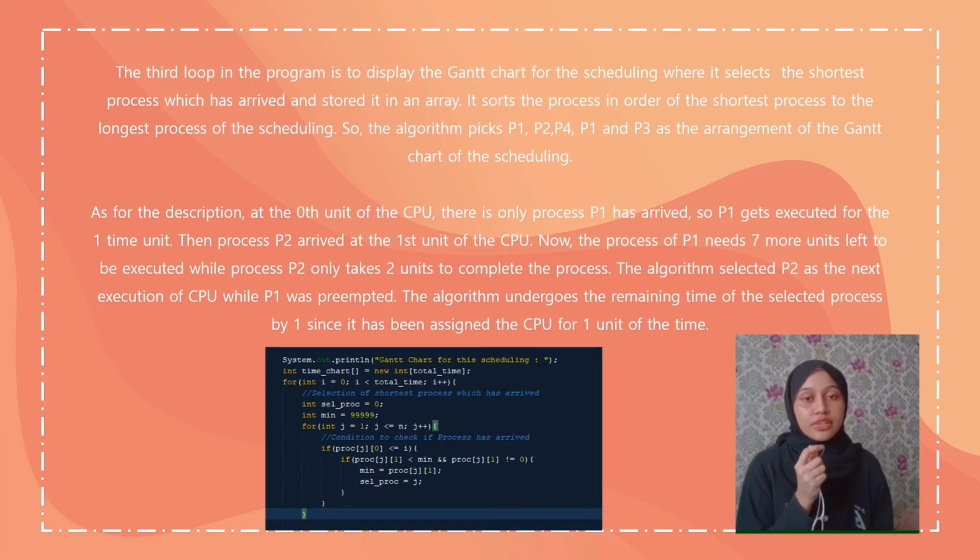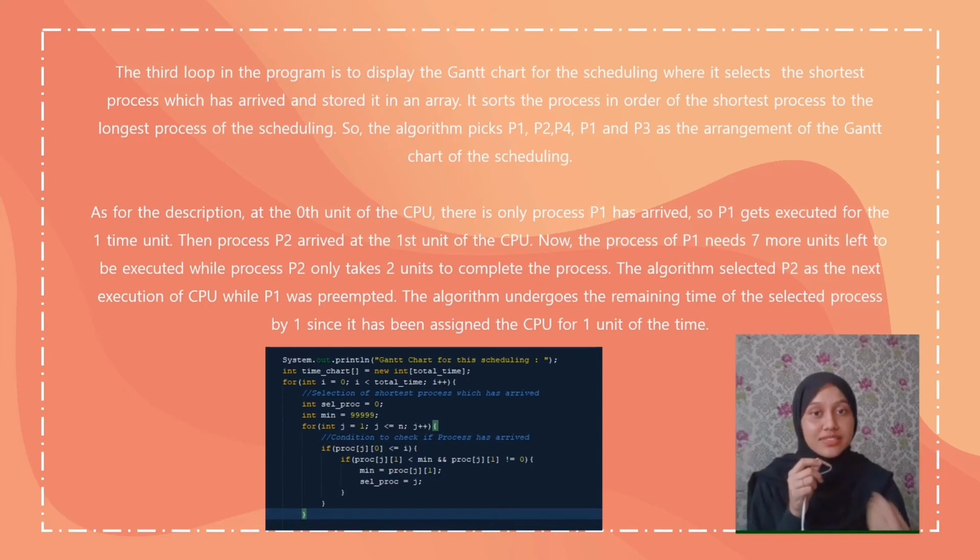So the algorithm will pick P1 first because it has the shortest time, and then P2 followed by P4, and then P1, and then P3 as the arrangement of the Gantt chart of the scheduling, because the algorithm checks which one has the shortest time first.